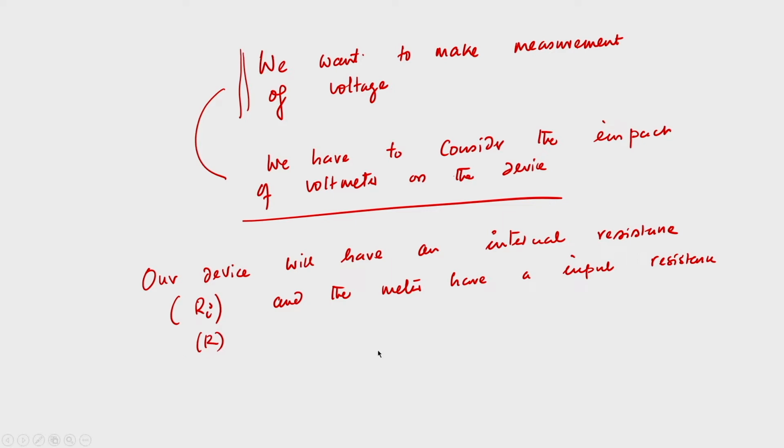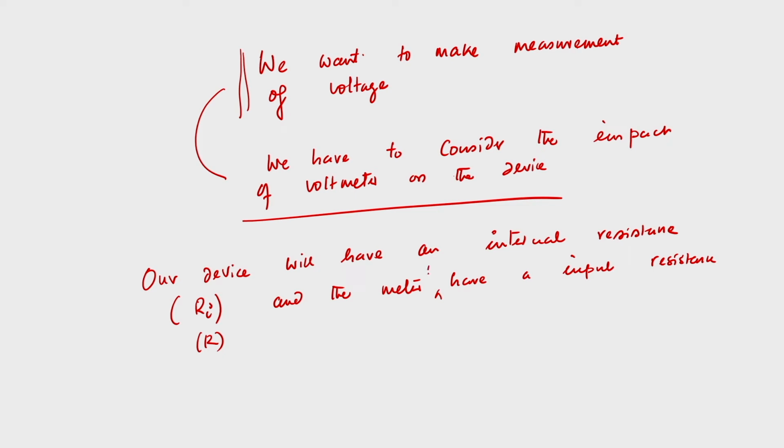From this example, I will try to explain why you need impedance matching and what its role is. We would like to measure the drop in voltage across a device, and for that we rely on the voltmeter.